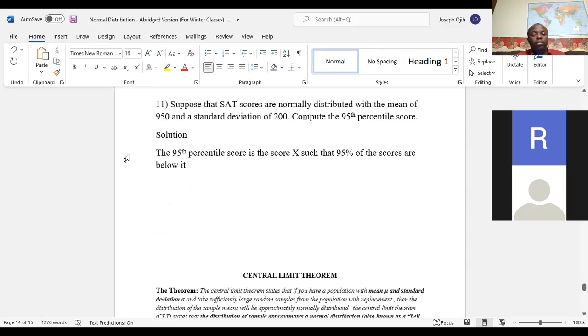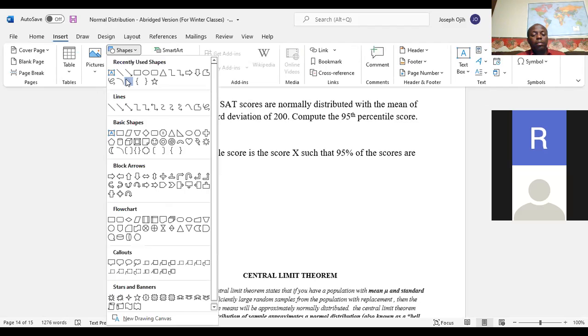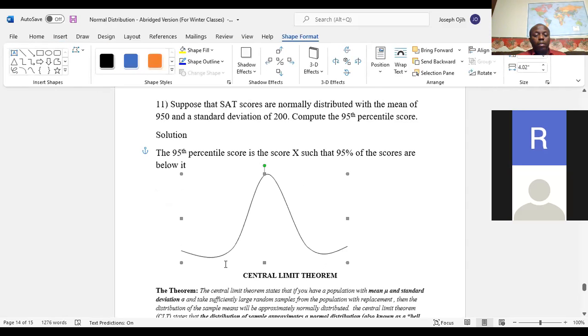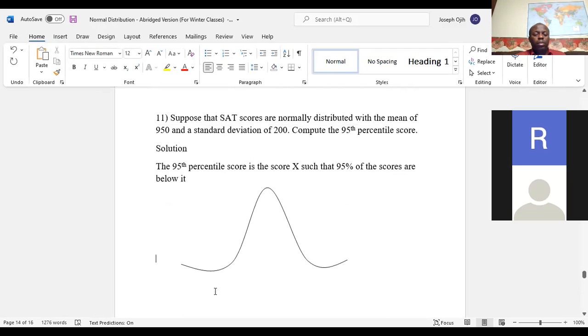So if you make the chart, you're going to have something like this. All right, you have it. Now we can have the number 0 for the center. 95%, I mean, it's just like saying the top 5%.